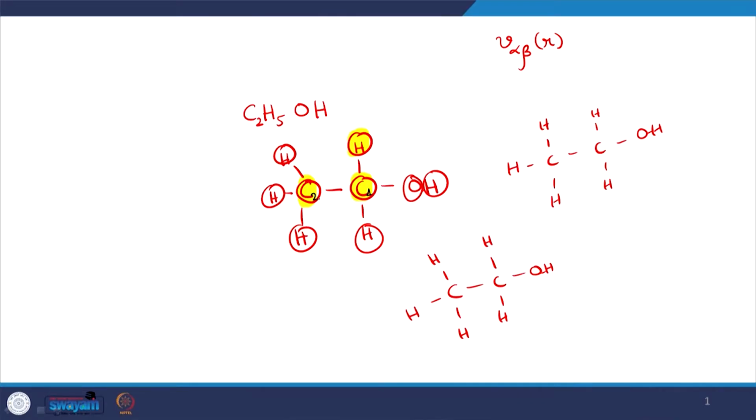So let me number these as C1 and C2. So hydrogen and C1 clearly are connected by a bond, but C2 is not like any other carbon in the system. C2 is connected to the carbon that is connected to the hydrogen that I am interested in.